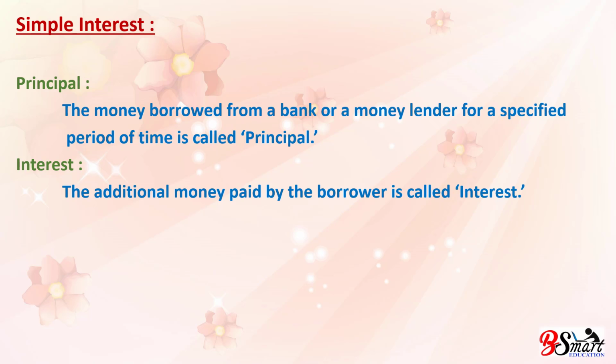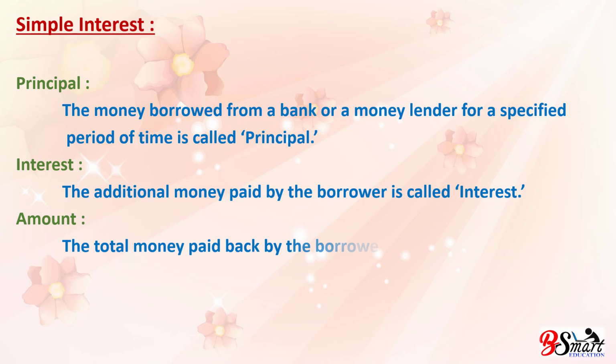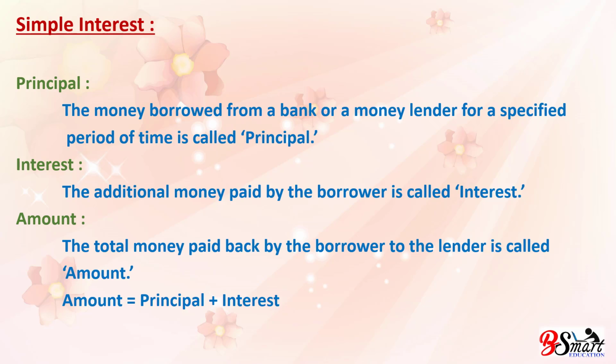You can find the amount you have to pay at the end of the year by adding the sum borrowed and the interest, that is amount. Now, proper definition of amount: the total money paid back by the borrower to the lender is called amount. Amount equal to principal plus interest.